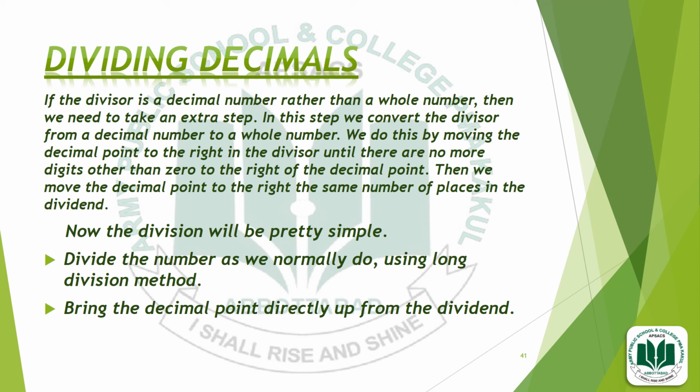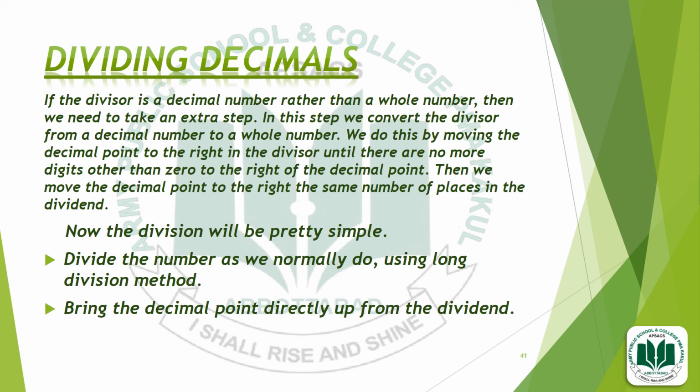Next, for dividing decimals, note that if the divisor is a decimal number rather than a whole number, then we need to take an extra step. In this step, we convert the divisor from a decimal number to a whole number. We do this by moving the decimal point to the right in the divisor until there are no more digits other than 0 to the right of the decimal point.